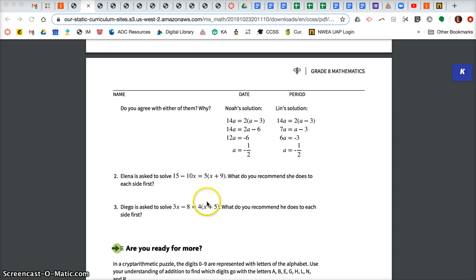All right, so when you're looking at this third one, we would either need to divide by 4 or distribute the 4. And if we divide by 4, well, 8 is divisible by 4, so that would result in a 2. But 3 is not friendly when we divide it by 4. It gives us a fraction, either 3/4, or we can change it to a decimal of 0.75. So that's going to be a fraction.